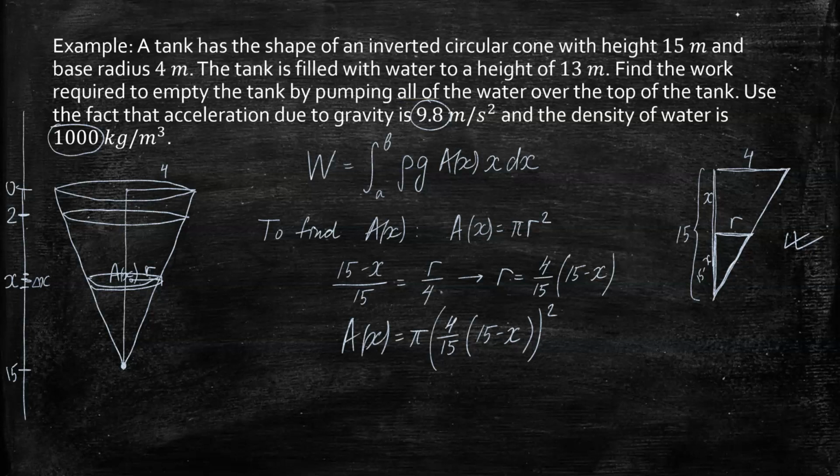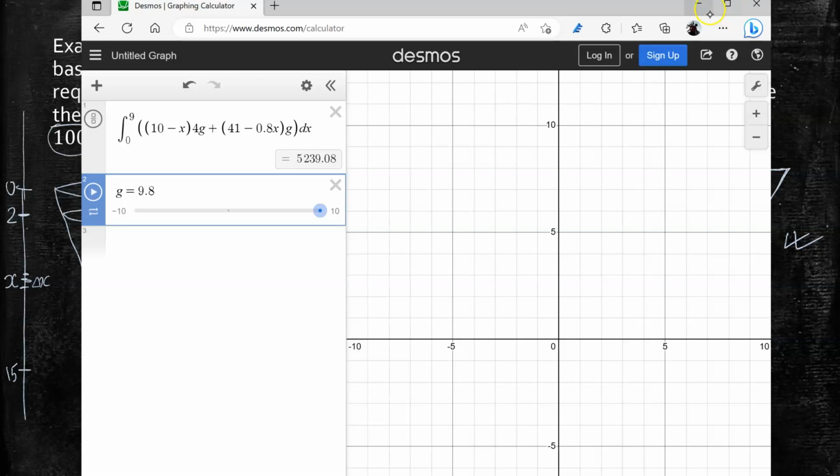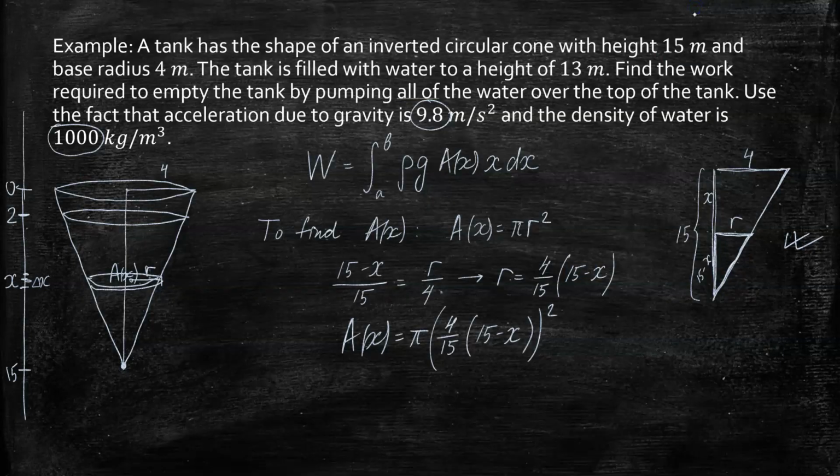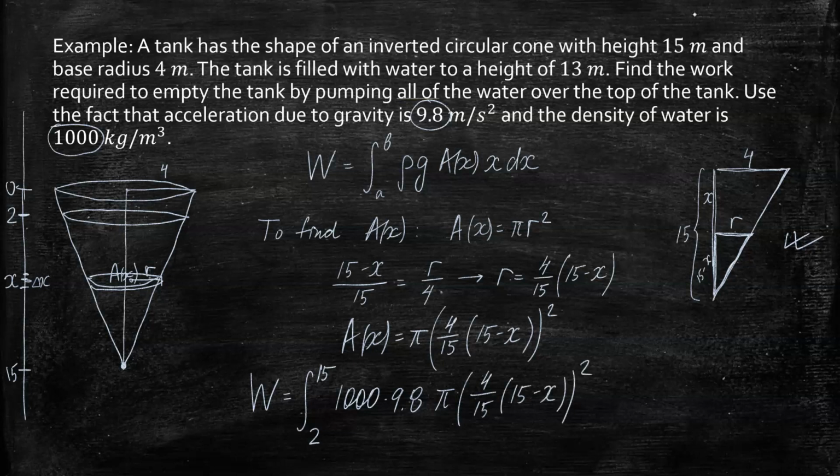So now we're ready to find the work done by a force. The work will be equal to the integral from 2 to 15. Rho is 1000, g is 9.8. The area is pi times 4/15 times 15 minus x, all that squared.